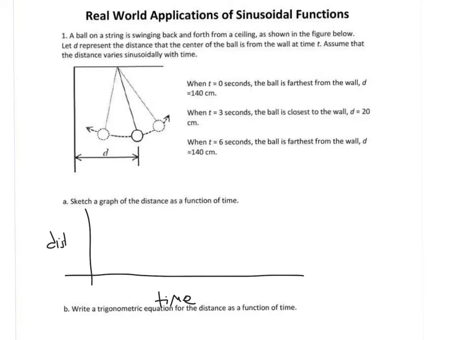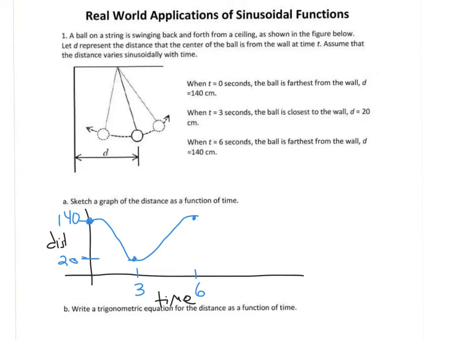And then let's see, at 0 seconds, we're at 140 centimeters, which is the highest. At 3 seconds, we're at the minimum of 20 centimeters. And then at 6 seconds, we're back to the maximum of 140. Connect my graph, I see my nice cosine function.